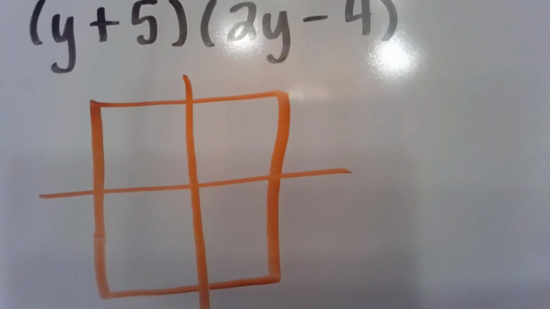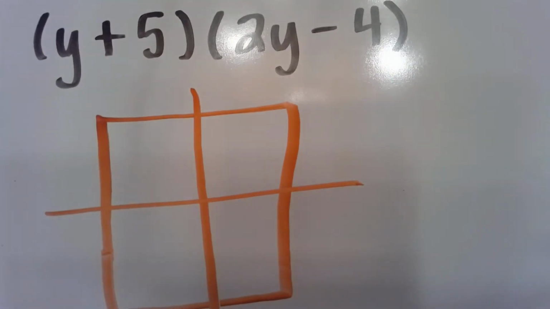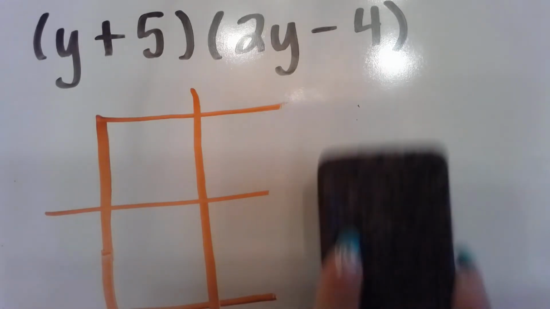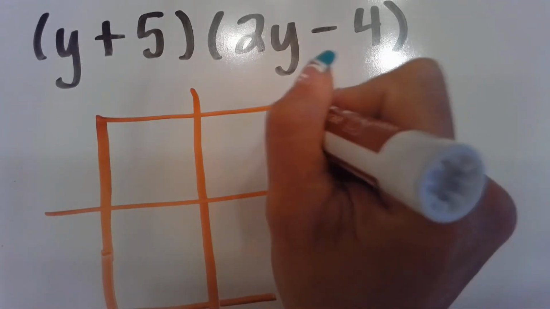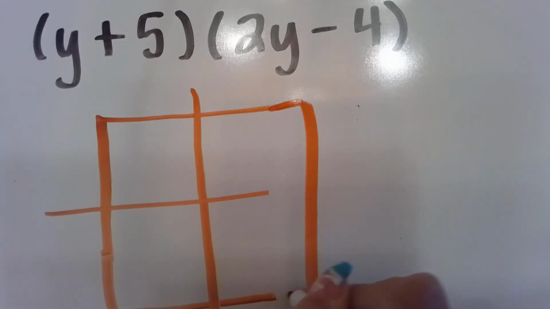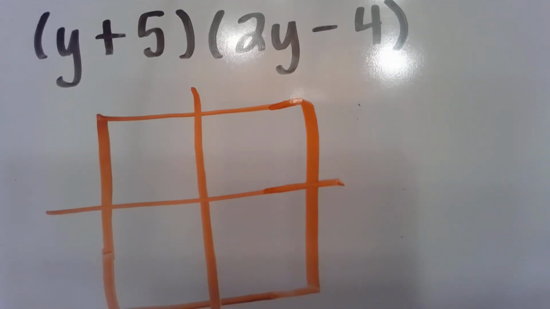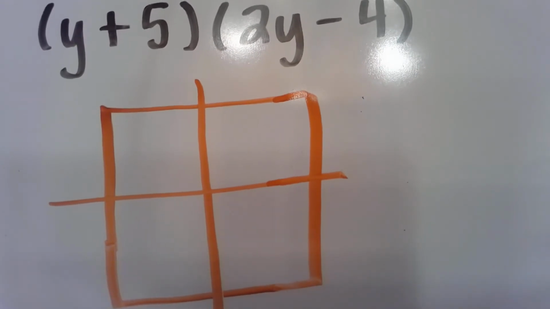So I'm going to actually fix this line so it's a little bit straighter for us. I'm going to fix it like this. It's really important to stay as neat as possible so you can follow your work.